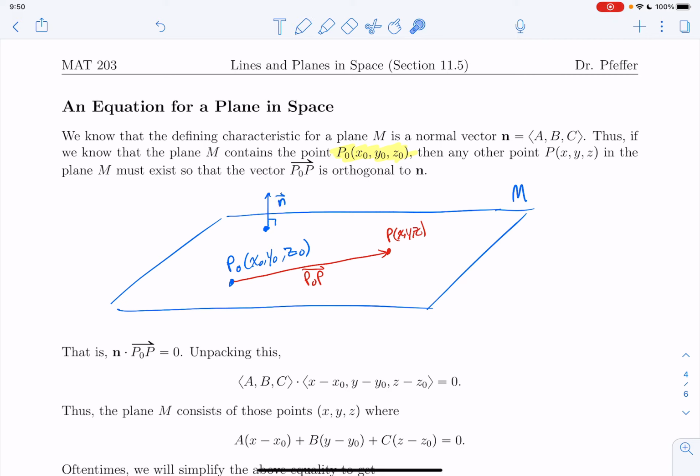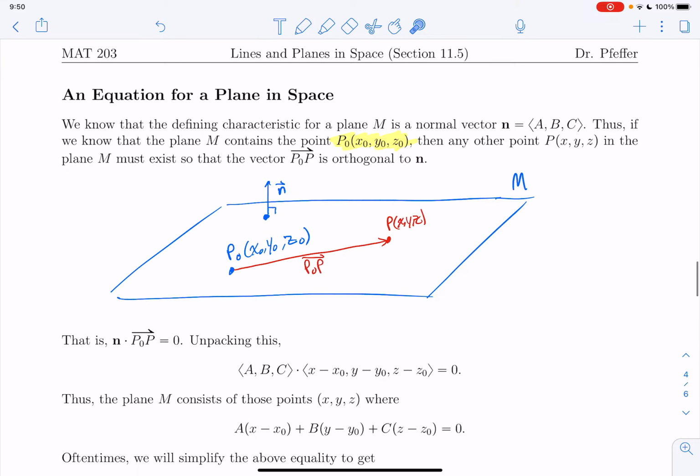As long as we find points P where this vector is orthogonal to n, it'll have to live somewhere in this plane. That's the most important part of this, that this vector P naught P is orthogonal to n. That's the defining characteristic of a plane. You take a point P naught, and then you have a normal vector, and your plane M is all points such that this orange highlight statement is a true statement.